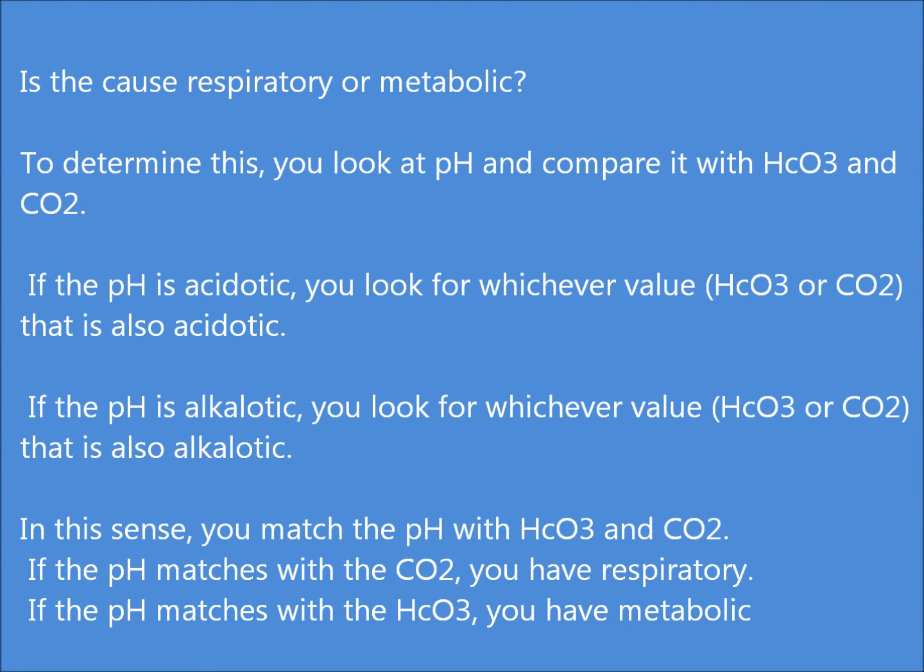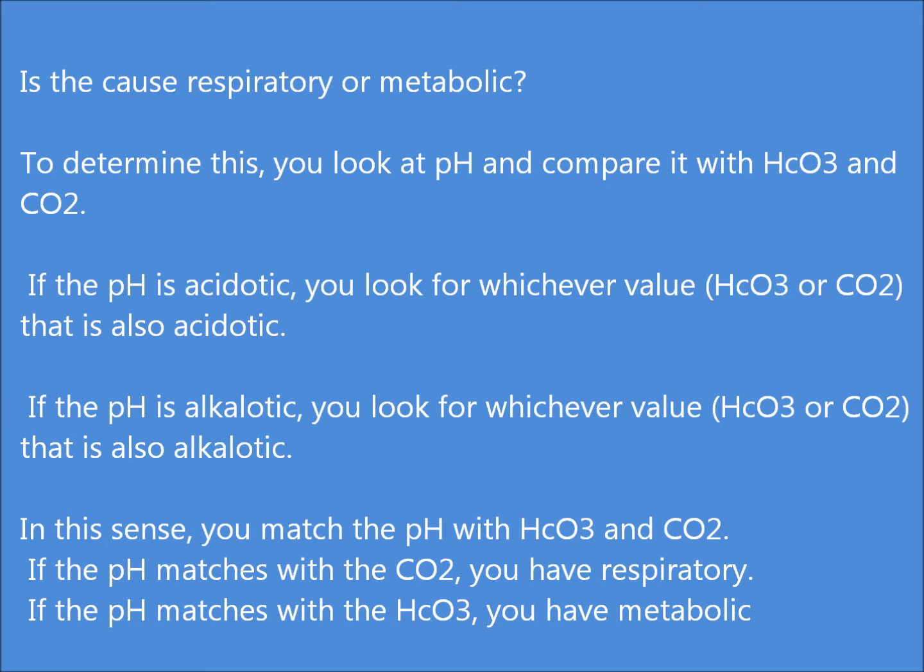Is the cause respiratory or metabolic? To determine this, you look at the pH and compare it with the HCO3 and the CO2. If the pH is acidotic, you look for whichever value, HCO3 or CO2, that is also acidotic.